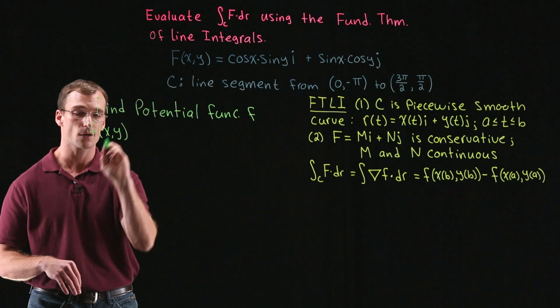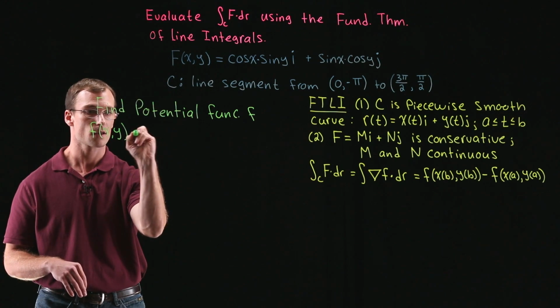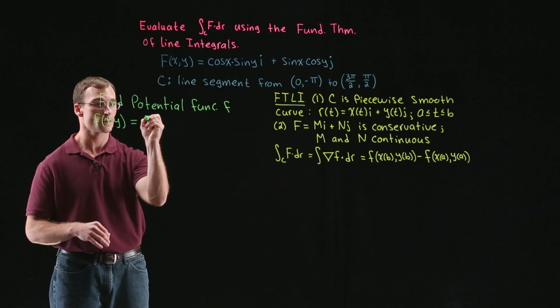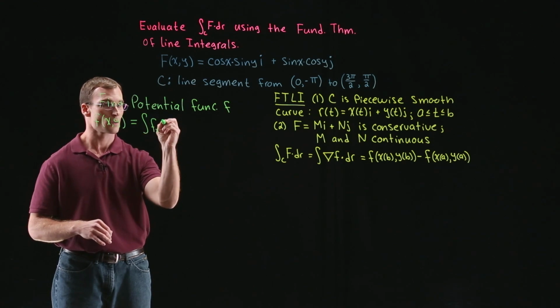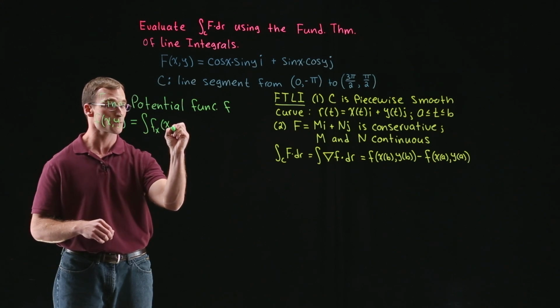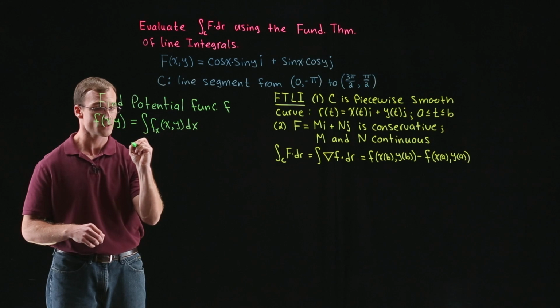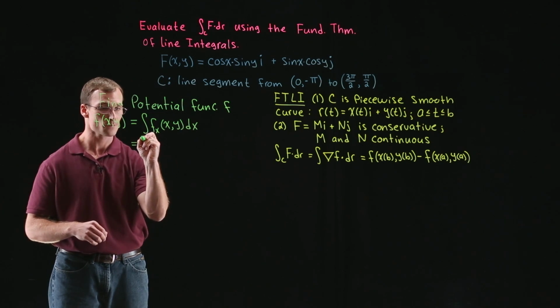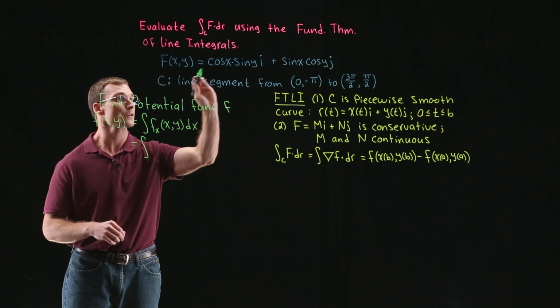For starters, we know that our potential function f of x, y is equal to the integral of the partial derivative of f with respect to x, which is going to be essentially our M part of our vector field F.